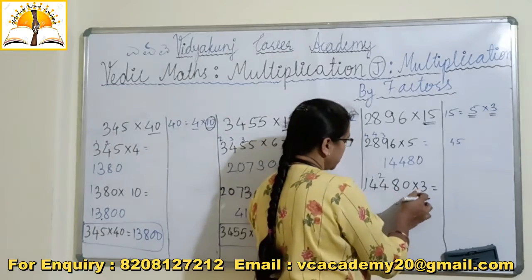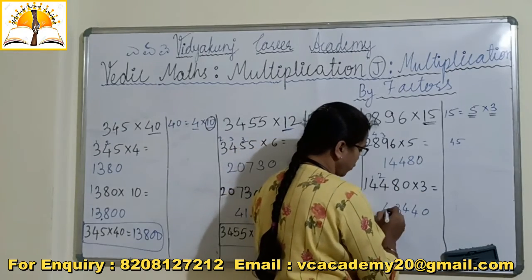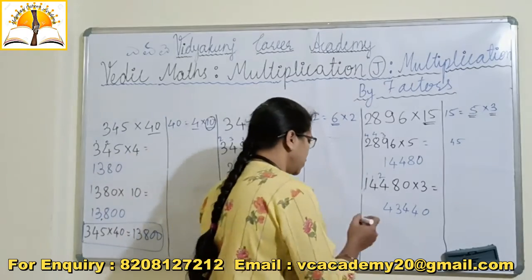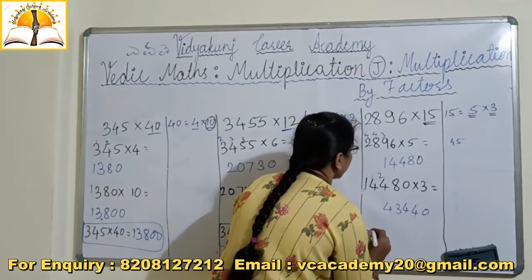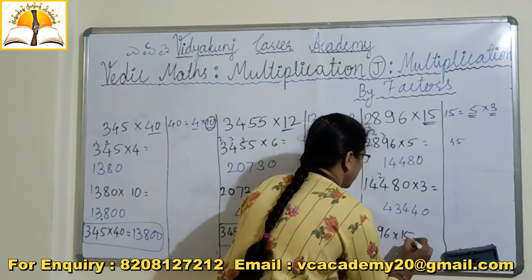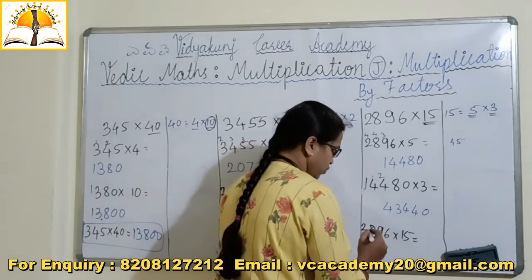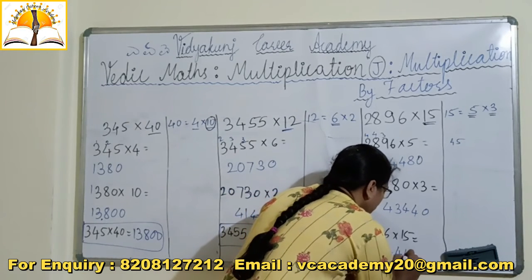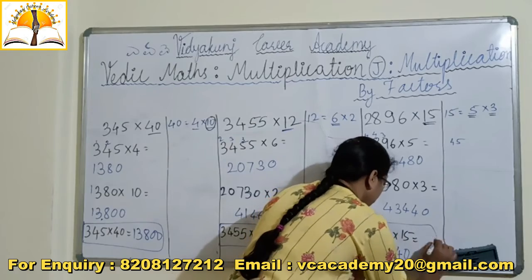Now 3 1s are 3, 3 plus 1, 4. Then how do you write its answer? In this way. 15 is equal to 43,440. It is its answer.